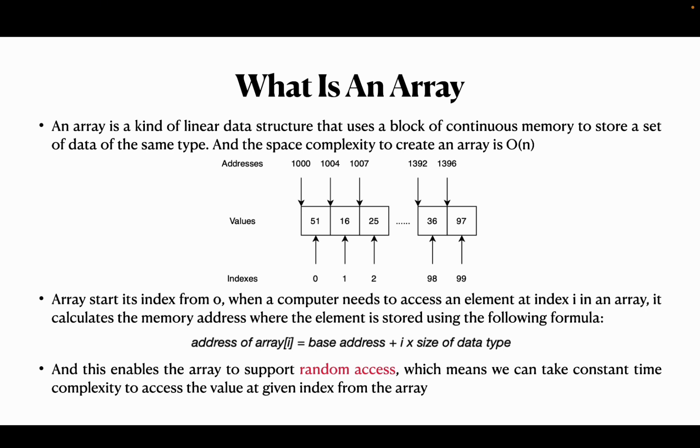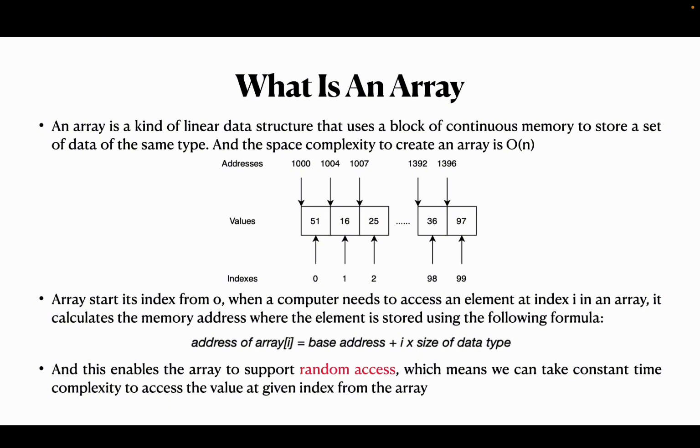When a computer needs to access an element at the index I in an array, it calculates the memory address where the element is stored using the following formula. Address of array element I equals base address plus I multiplied by the size of data type. In the above example, the base address represents the first address of the first block, that is 1000.